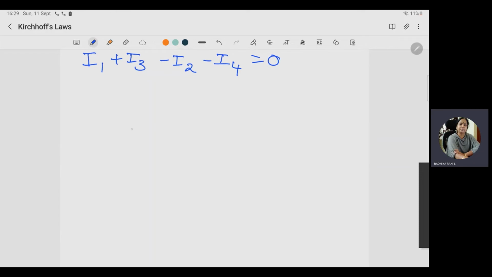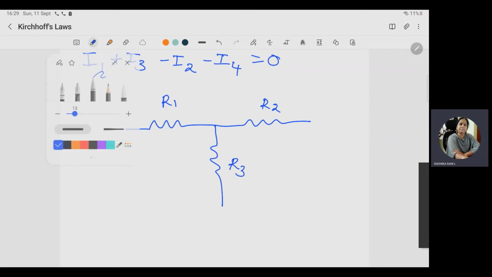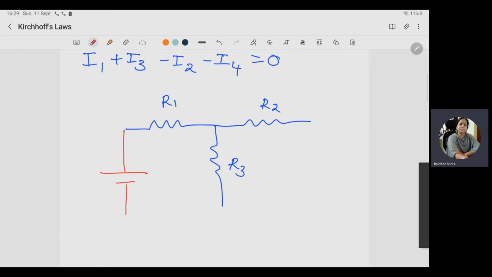Now I'm taking one electronic circuit. Three resistors are connected, R1, R2, R3, and 2 power supplies are applied here. This is the positive, so the voltage value is V1, and the second voltage V2 is connected here.